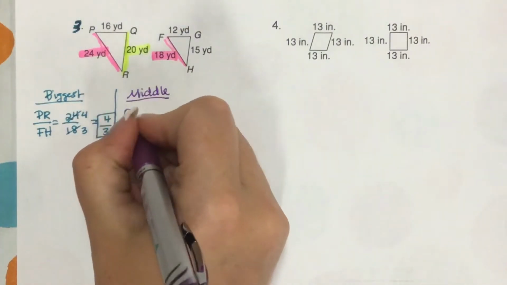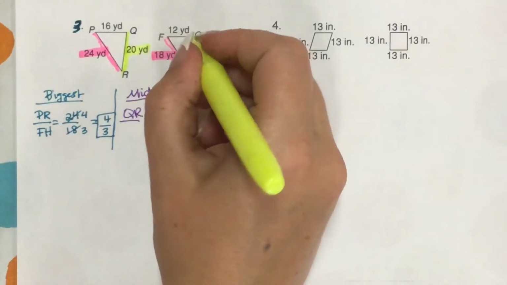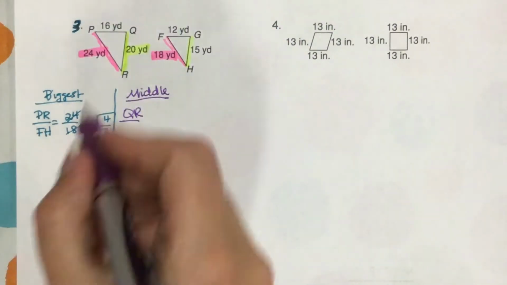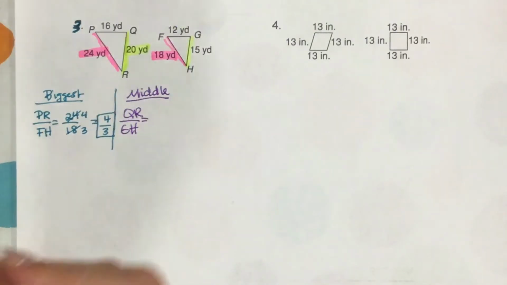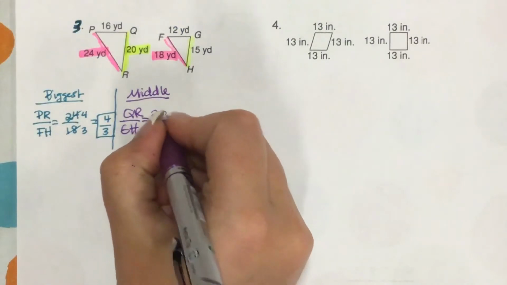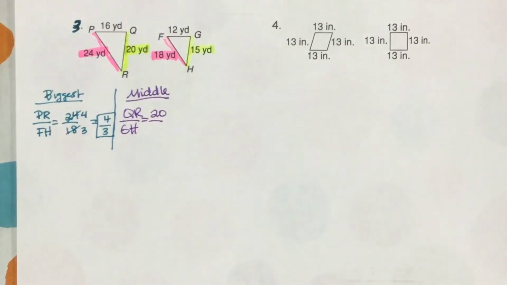So it's going to be QR over the middle side over here, which is GH. And that is equal to, we're going to put in the numbers, so it's going to be 20 over GH, which is 15.